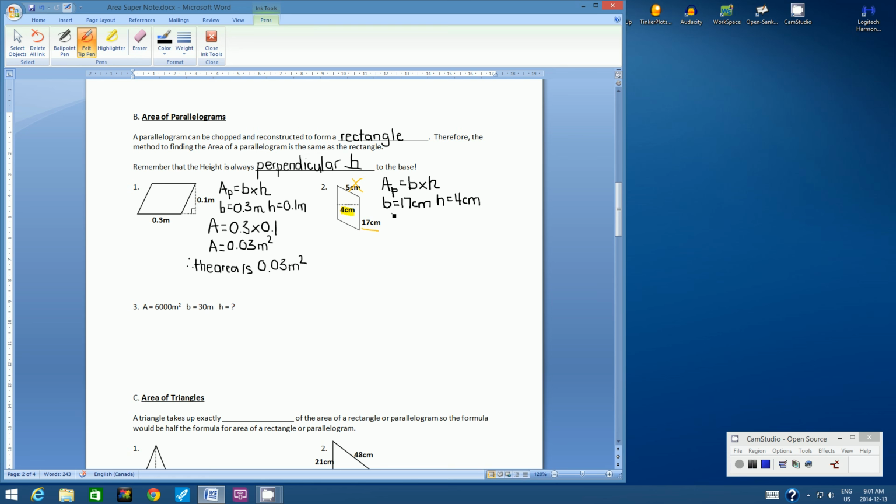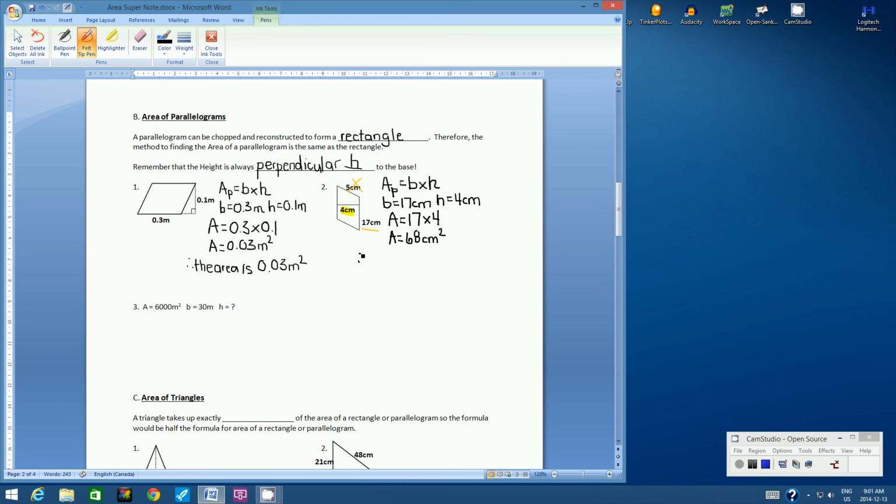Next is the substitution line. So we don't know the area, and then we know the base is 17. We know the height is 4. So using your calculators, 17 times 4 is 68 centimeters squared.